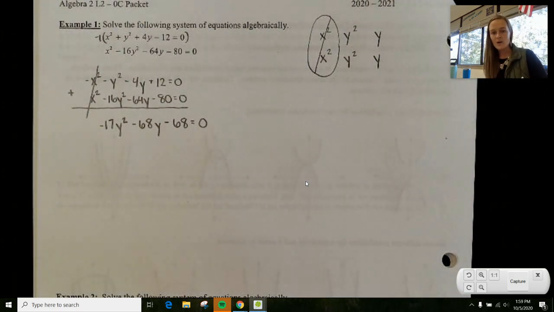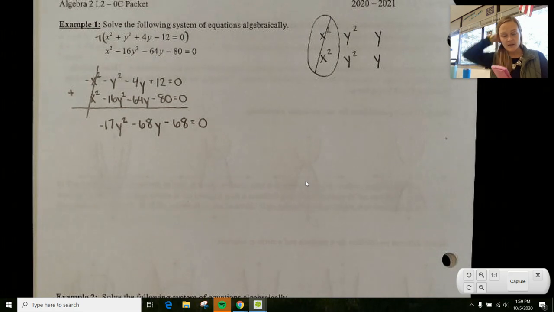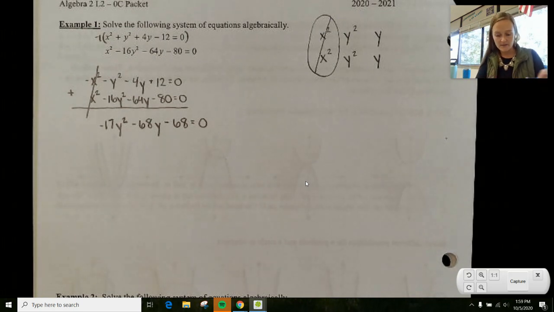So at this point, honestly, I see big numbers. I'm going to take my calculator out and double check, can I get rid of these big numbers? The first thing I'm going to do is see if 68 divides evenly by 17. And it does.